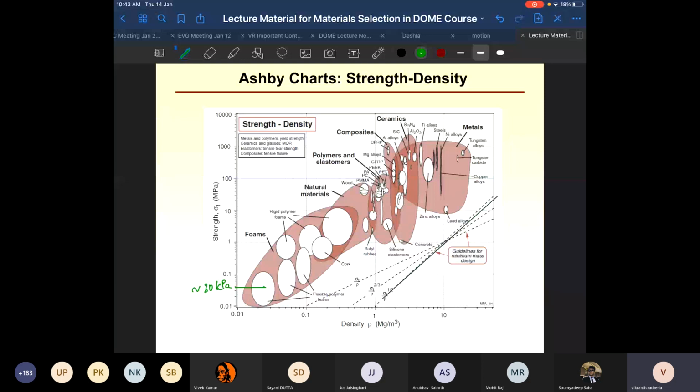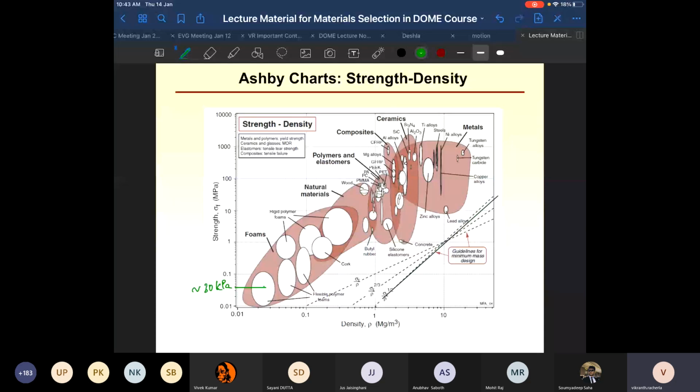And if you look at the strength, which has the highest strength, I guess this is tensile strength. They're not showing the compressive strength because ceramics have a smaller value. So in terms of the tensile strength, which materials have got some of the highest tensile strengths?